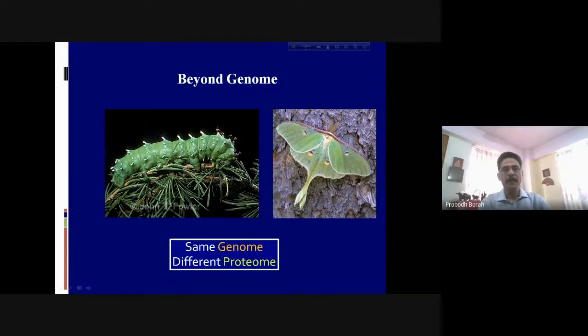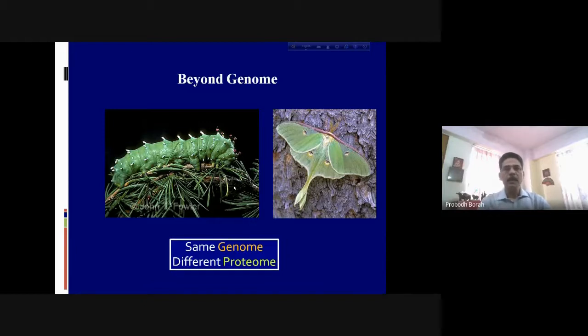One is the larva stage and the other is the adult stage. Except for a little similarity in color, we don't find any similarity between the 2 stages of the life cycle of the same insect. Similarly, the other 2 stages are the egg and pupa. They are also totally different morphologically as well as physiologically.